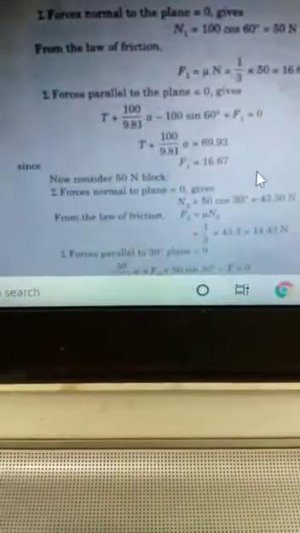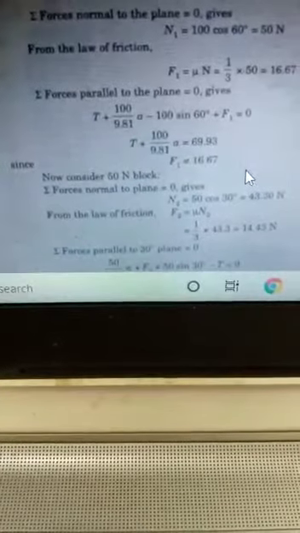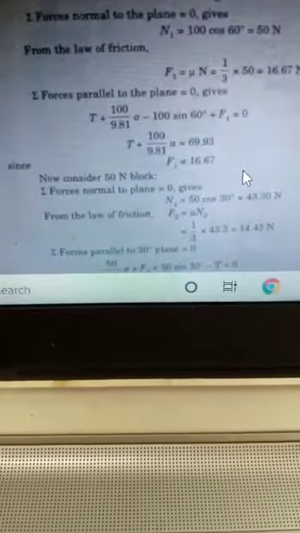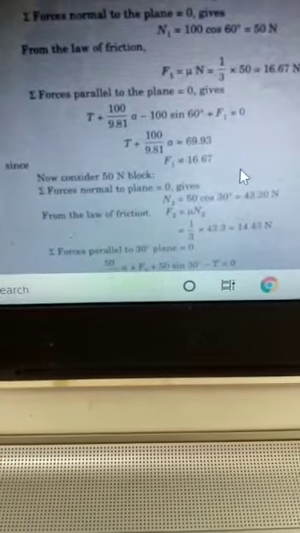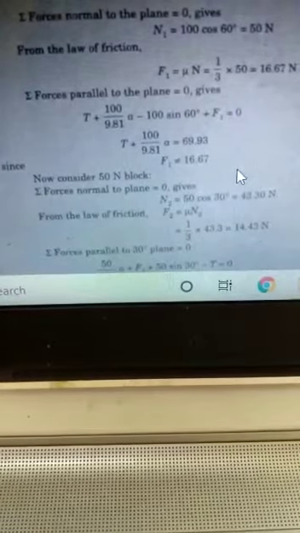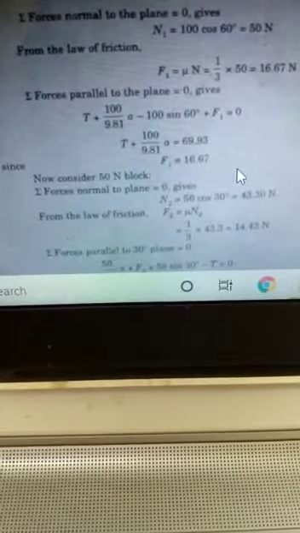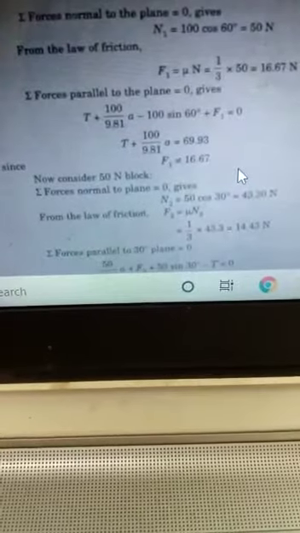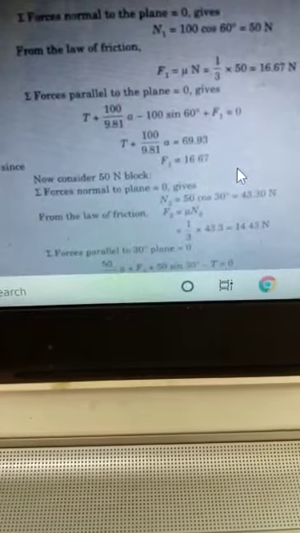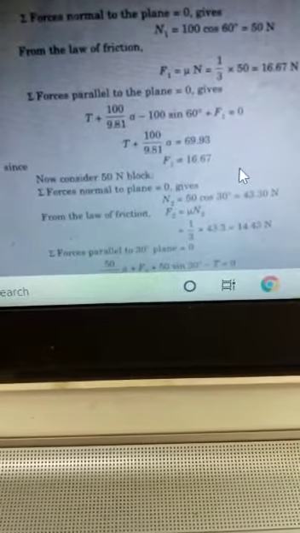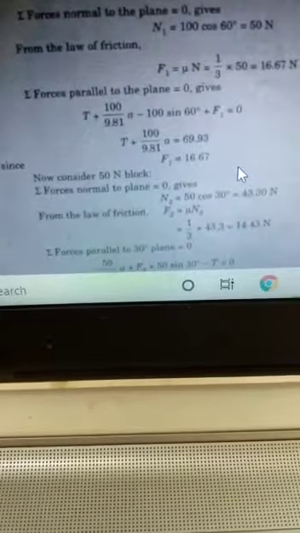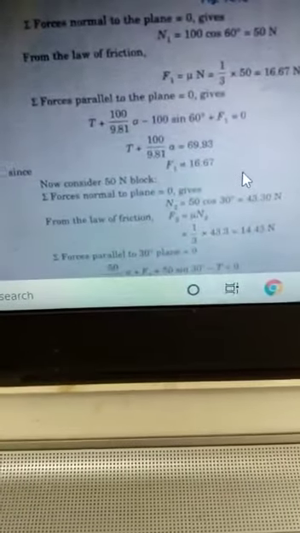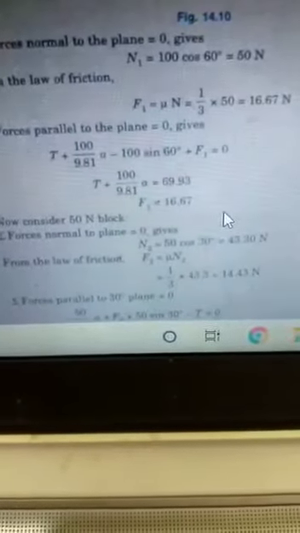Now you equate all forces parallel to the plane. Tension is in the upward direction, that is taken positive, and 100 upon 9.81 into A, that is MA, is also in the upward direction, that is also positive, and only the weight component 100 sin 60 is acting in the downward direction, that is minus.